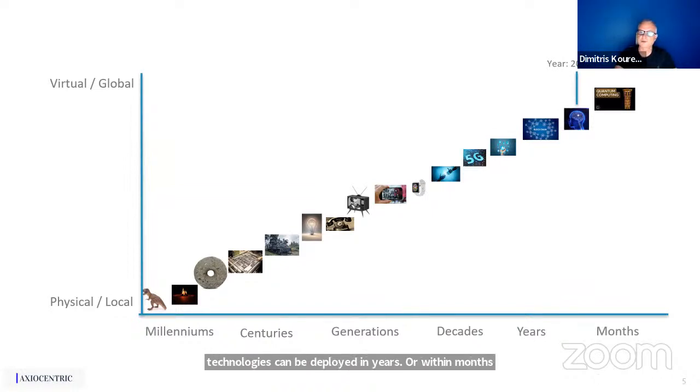I mean, let's not forget about ChatGPT or generative AI, how quickly, within a few months, it became something very, very important that apparently disrupts many different professions and everything in our world. So exactly because our world became more global and more virtual, technologies that are discovered somewhere become very quickly deployed globally.